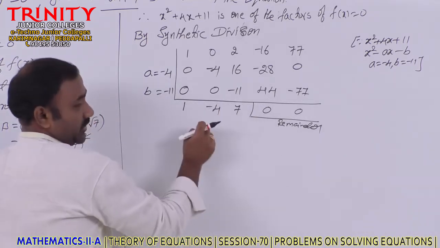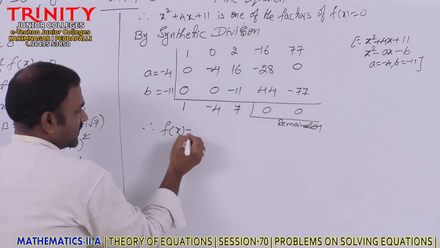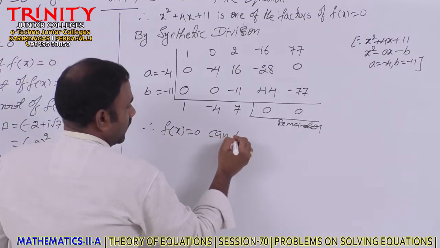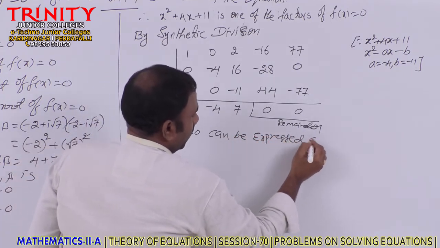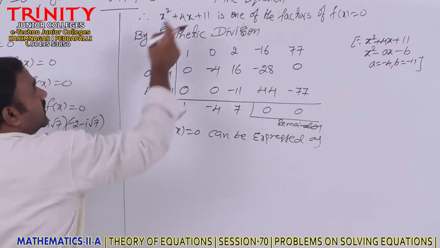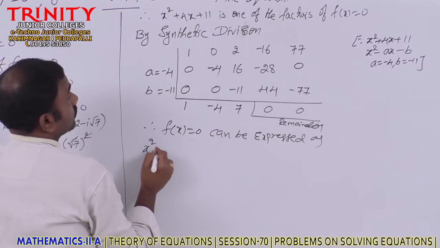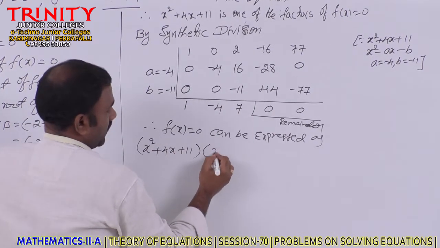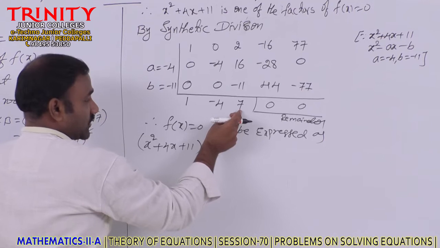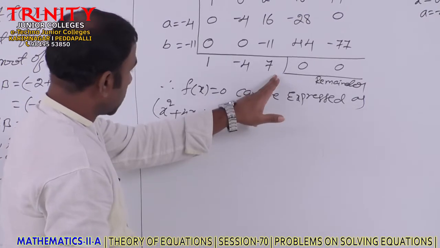Now this is a quotient and this is a remainder. Therefore, f of x equal to 0 can be expressed as a product of the factors. This is one factor and this is another factor. x square plus 4x plus 11 into remainder 0. Now this is a constant coming from the left side.